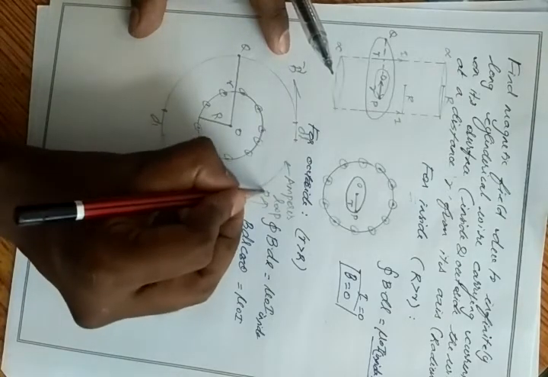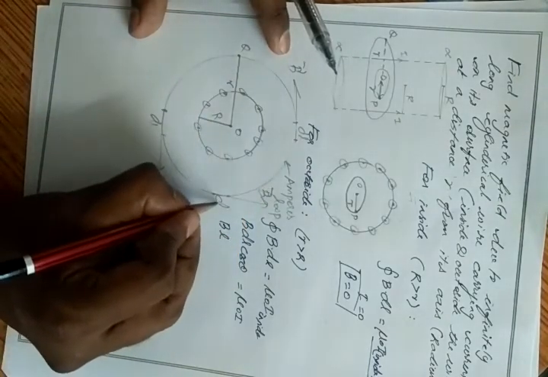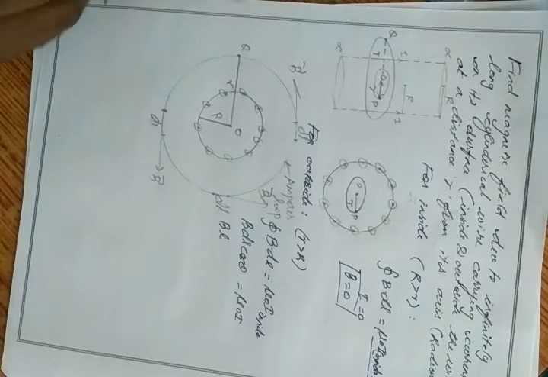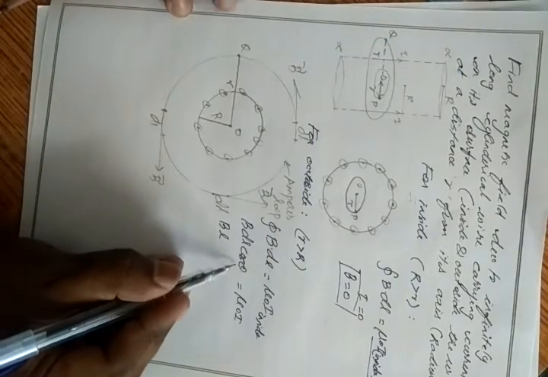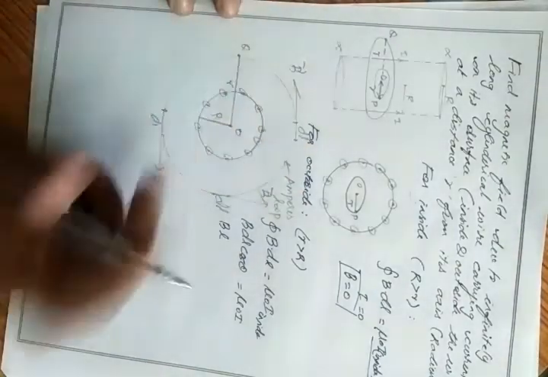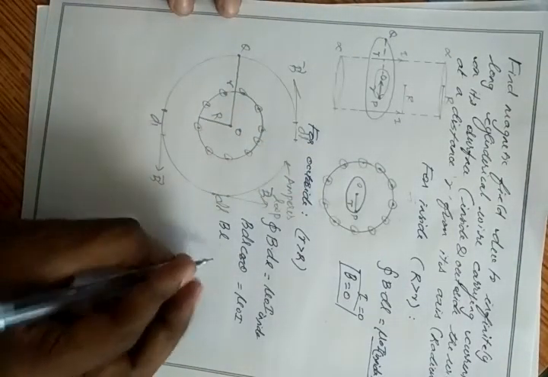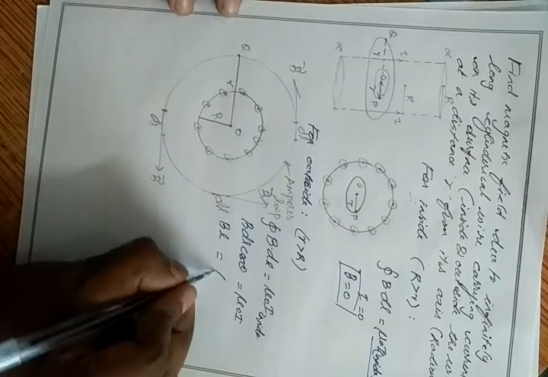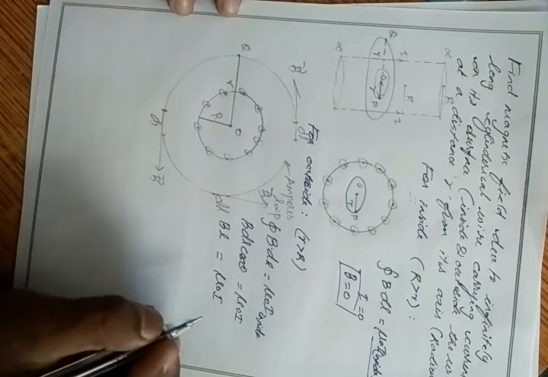So this is my direction of magnetic field at this point, and the same for any length element. So I take B L, then the angle between dl and B is 0, since both are in the same direction. So cos 0 is 1, equal to mu naught I.